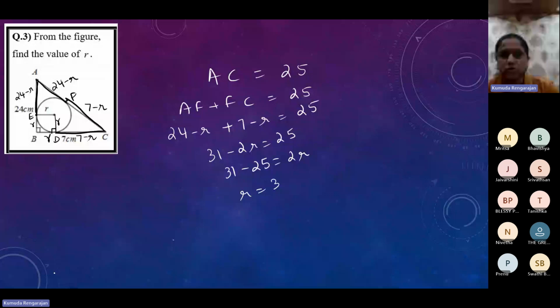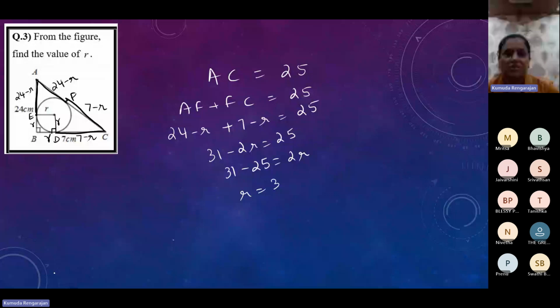C is the hypotenuse. A and B are the legs. So sum of the legs 24 plus 7 minus the hypotenuse 25 by 2. So this is 31 minus 25 by 2, 6 by 2, 3. 1 mark.